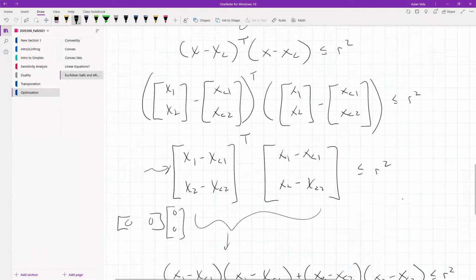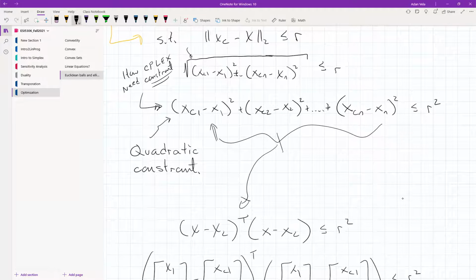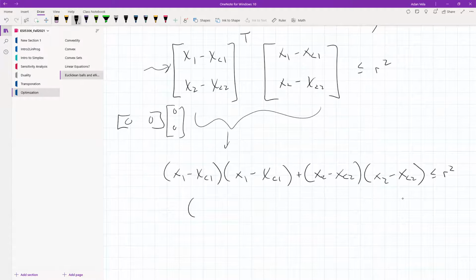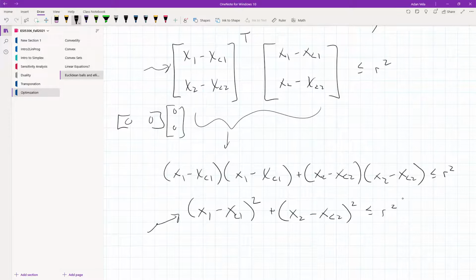Again, this is exactly what we've written up here, you'll notice, okay? So if we group it a little bit better, we have x1 minus xc1 squared plus x2 minus xc2 squared is less than or equal to r squared. And again, this is what I told you Cplex can handle quite well, right? So this is the same thing as our original circle equation.